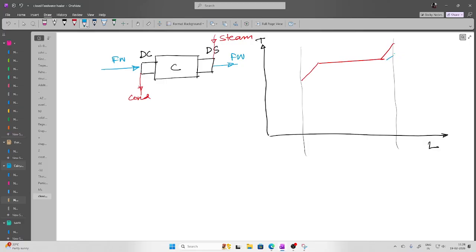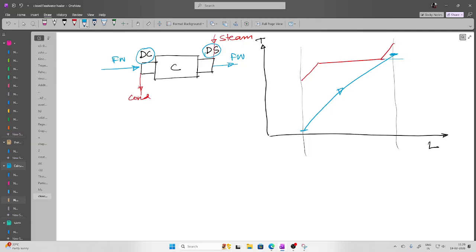Then what can happen? So let's say this is the water. This is the entry temperature of feed water, this is the exit temperature of feed water here. Now if you look at this particular case, this part is basically for the desuperheater, this is basically the condensation, and this is for the drain cooler.